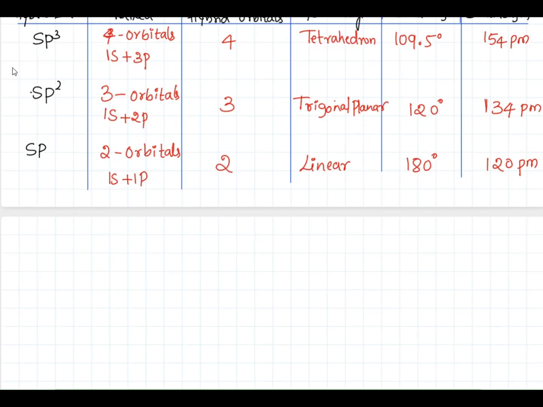In sp3 hybridization, p character is more and this exhibits high donor ability. As s character increases, donor ability decreases, bond length decreases, and bond strength increases along with the increase in bond angle.